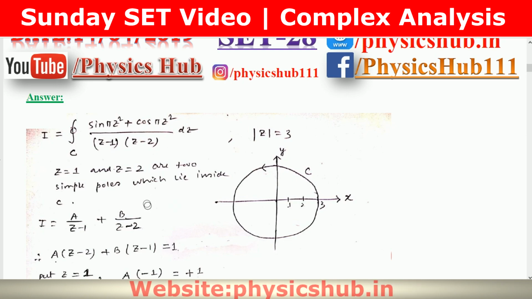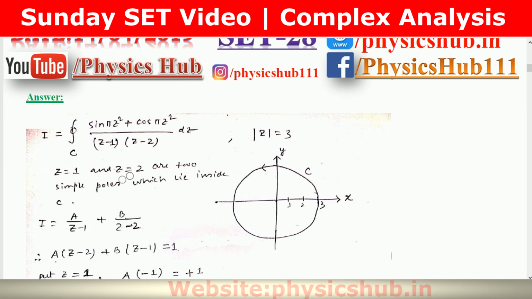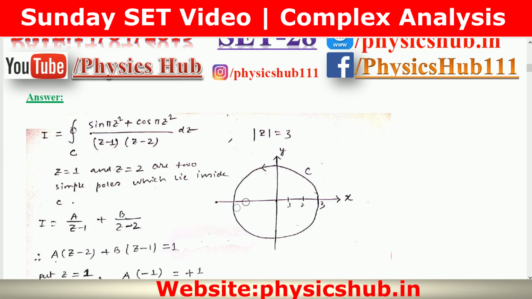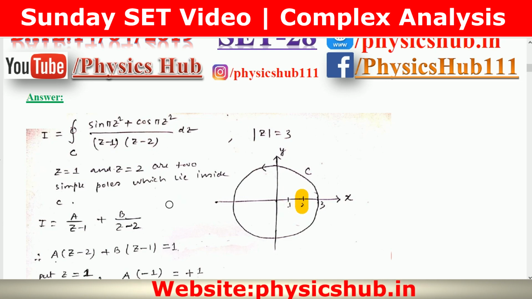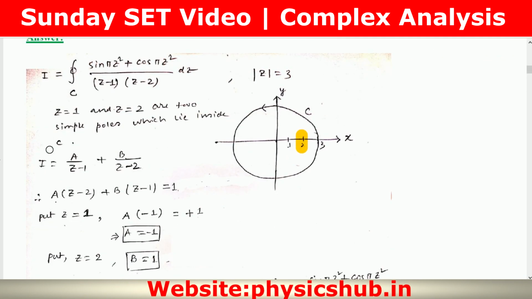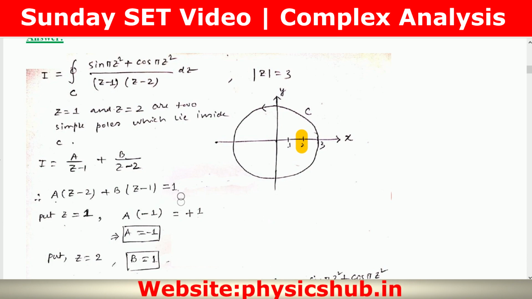Now we have to find the poles. So here z equals 1 and z equals 2 are the two simple poles which are lying inside the contour, 1 and 2, this and this. Now what we are doing, we are separating these two terms using partial fractions. So a into z minus 2 plus b into z minus 1 equals 1.